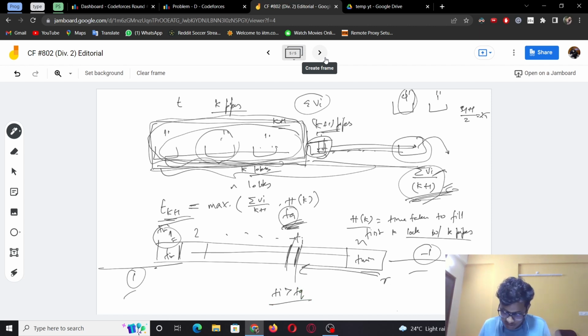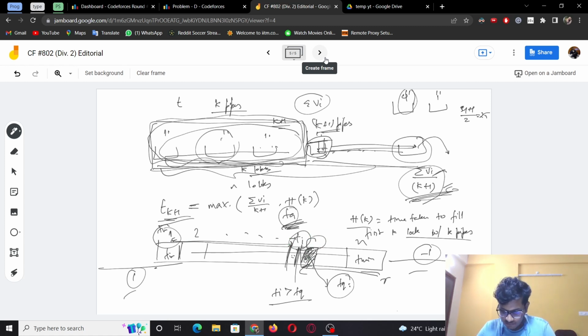If ti is greater than tq, then this will be the first place where, with this many pipes, we cannot fill in tq. However, if we have one more pipe, then we can fill in less than or equal to tq time, and the index of this will be what we output as the minimum number of pipes required.